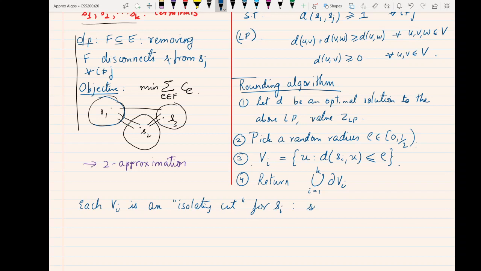That is, it separates Si from all the other terminals.